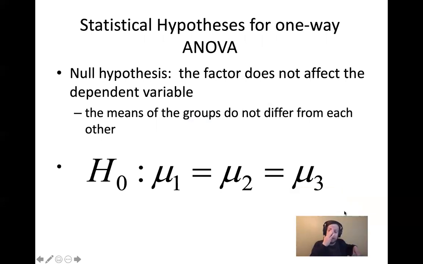Now we're going to talk about the null hypothesis, which is kind of an extension of what we've been dealing with in previous null hypotheses. In general, the null hypothesis means there's no effect. There's no difference among the means that we're comparing. If you think back to the independent samples t-test, I gave you 2 forms. The main form was mu1 equals mu2. The other form used an algebraic manipulation of moving mu2 over to the other side of the equal sign using subtraction: mu1 minus mu2 equals 0.